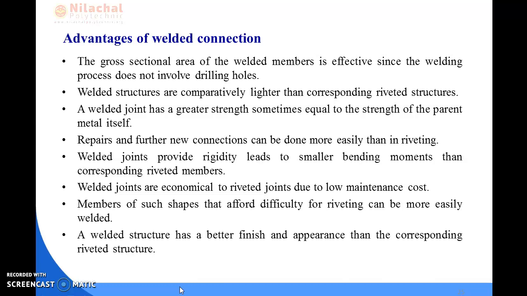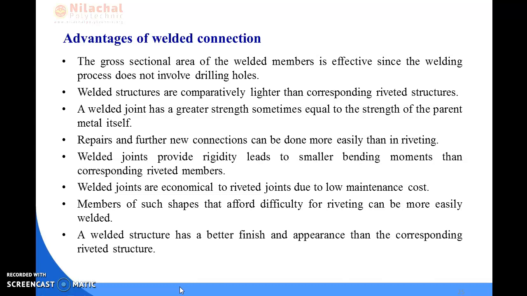But in case of welded connection, we need to inspect at least twice in a year. So the maintenance cost of the riveted joint is more, but in case of welded joint, the maintenance cost is very minimum.